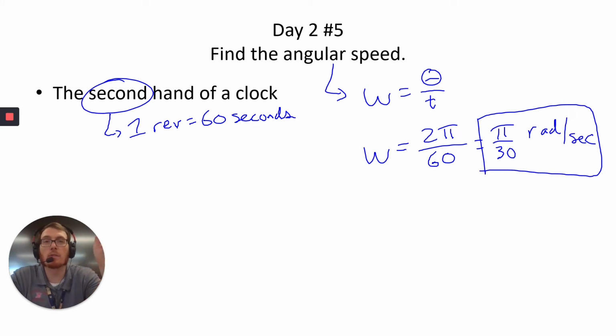Now the key with one revolution is always 2 pi radians or 360 degrees. So that means that my angle is 2 pi radians in every 60 seconds. And I just simplify that and I get pi over 30. Any of these questions, it should be 2 pi divided by how long it takes, and then just simplify it to figure out the angular speed of the second hand.